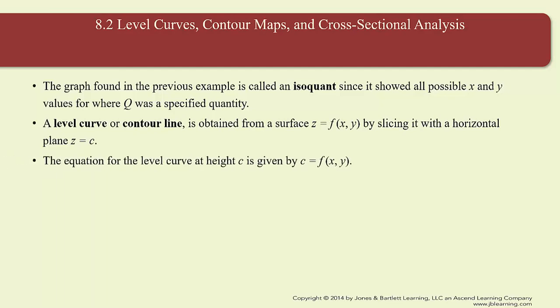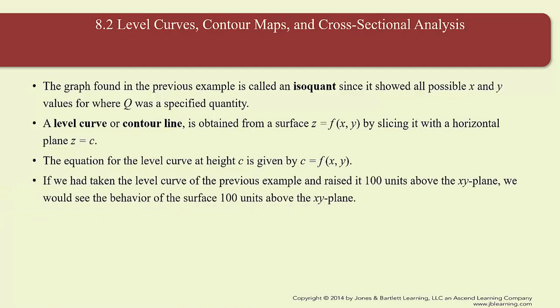The equation for the level curve at height c is given by, well, you put c equals f of x, y. So in the previous example, we had 100. We put 100 in. If we had taken the level curve of the previous example and raised it 100 units above the xy plane, we would then see the behavior of the surface of the production function 100 units above the xy plane.